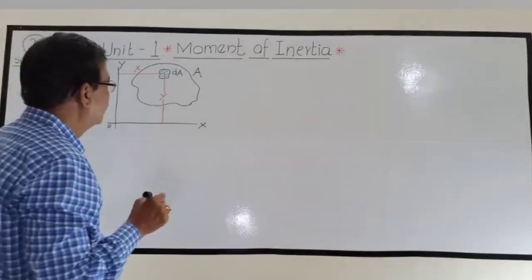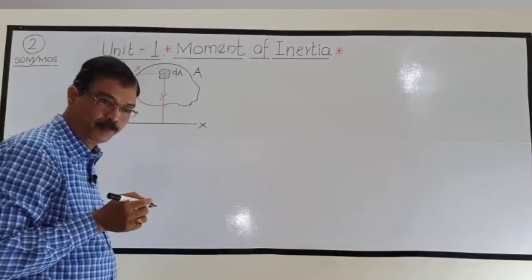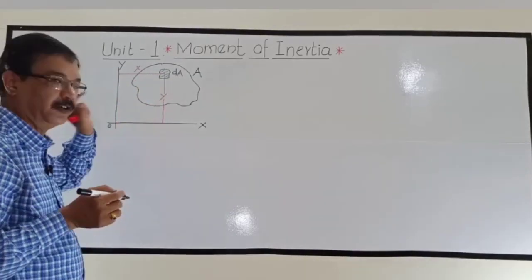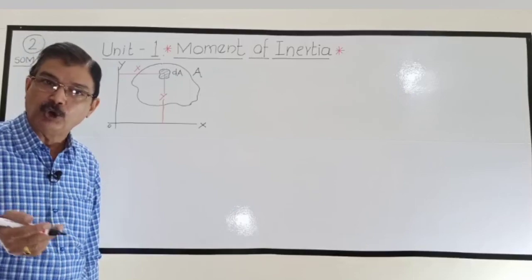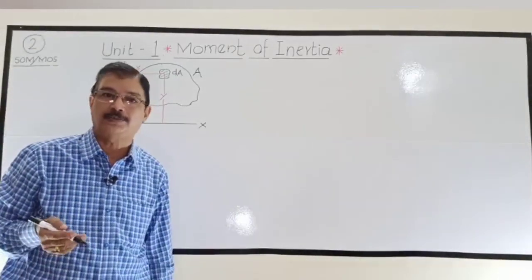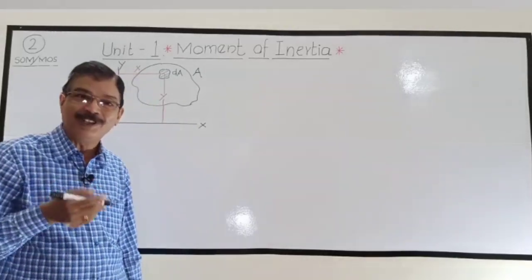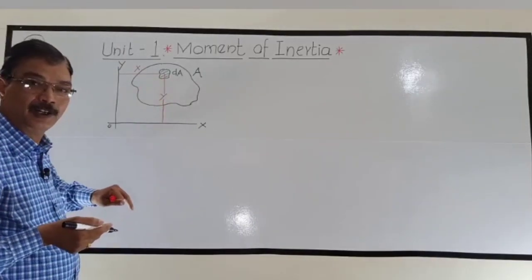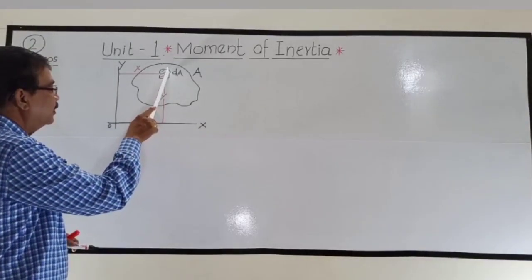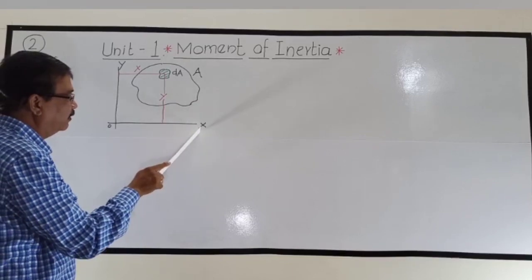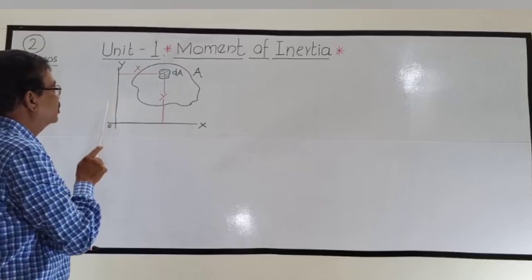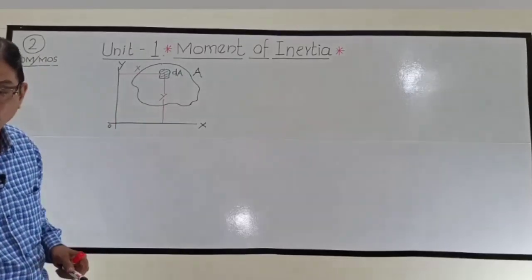Now in first year, we saw that if you take moment of this area about the reference axis. Now what is moment? We know that if you are taking moment of a force, it is force into perpendicular distance from the reference axis. Here we are taking the moment of area, so it will be that area into the distance from the reference axis. If you are taking with respect to x, it will be dA into y. If you are taking with respect to y, it will be dA into x.